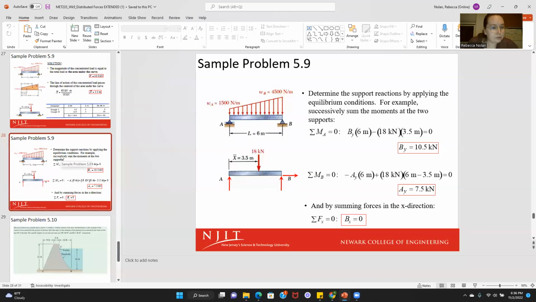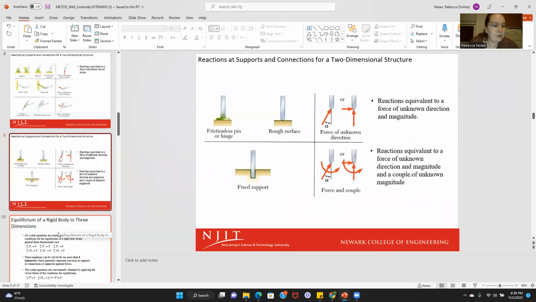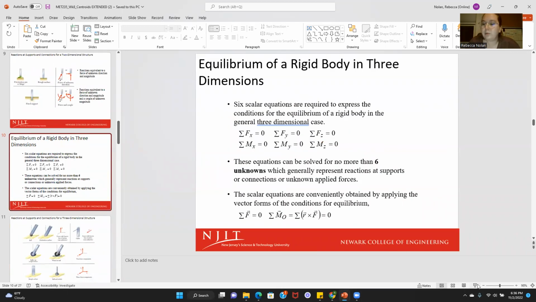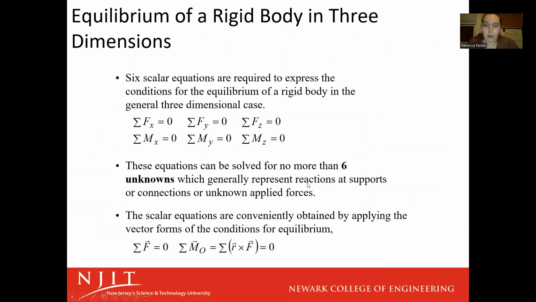That being said, let's go back to our equilibrium stuff. So equilibrium of rigid bodies, when we're talking about points, we were talking about a sliding motion, a translative motion. So like moving along the x-axis, along the y-axis, along the z-axis.